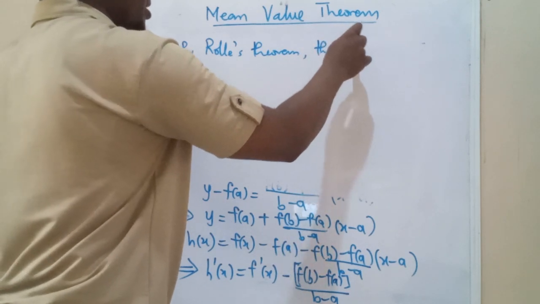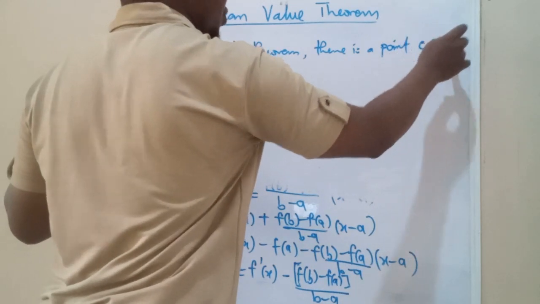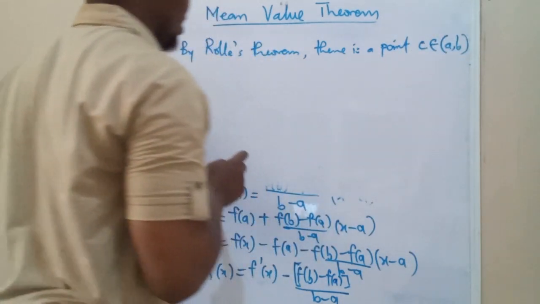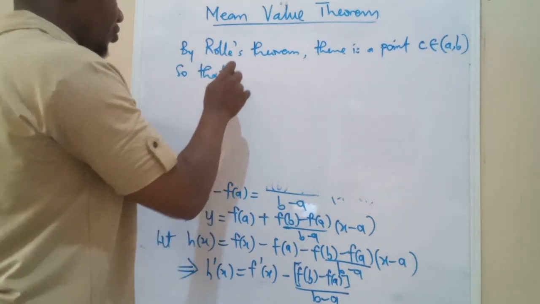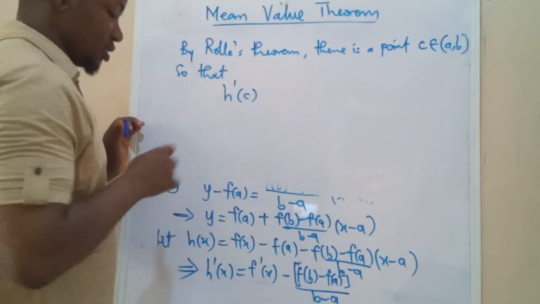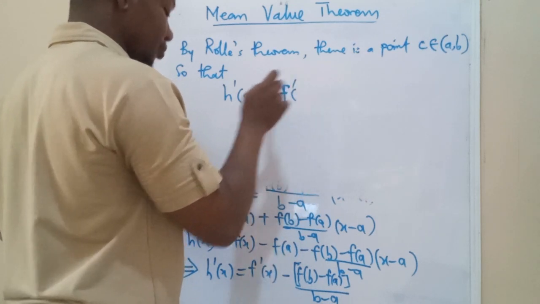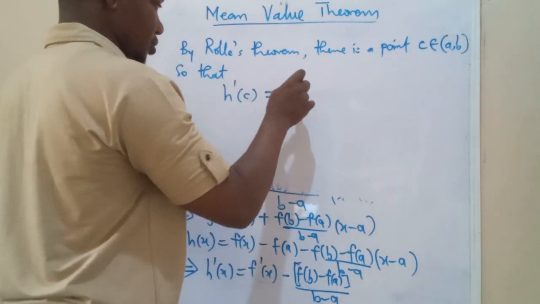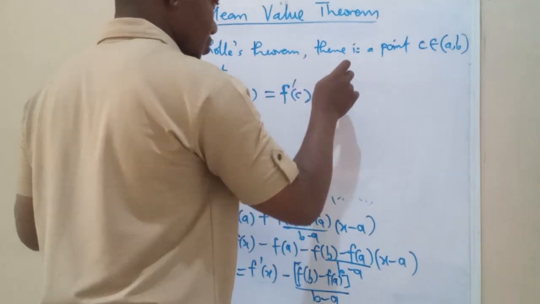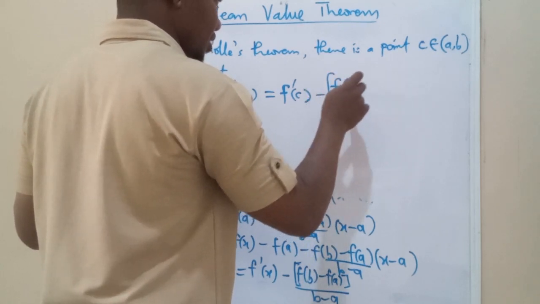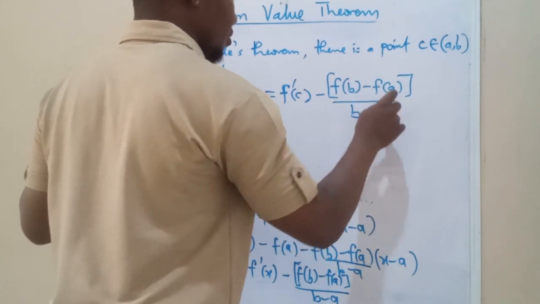You can see there is a point c in between a comma b, so that we can evaluate this function at that point, and this will be equal to f prime of c minus f of b minus f of a over b minus a.